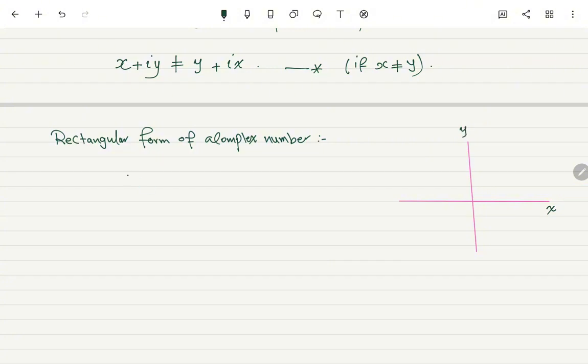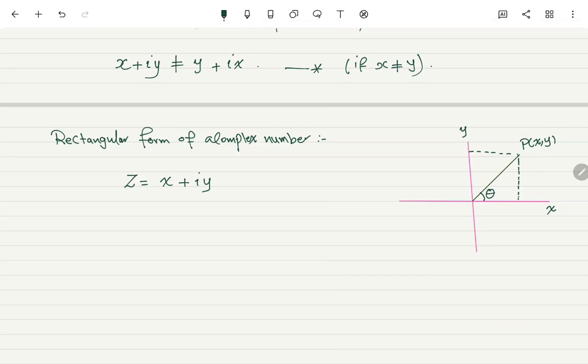Now z is equal to x plus iy, and z can be represented by a vector r, which is z in this case, in such a way it has an intercept with the x-axis and an intercept with the y-axis. So if this is theta here, this point here is x and y.